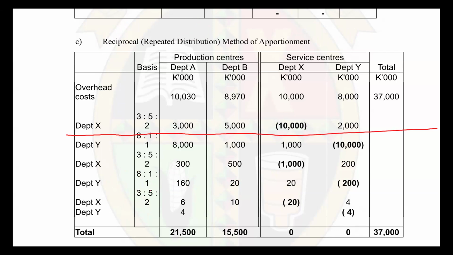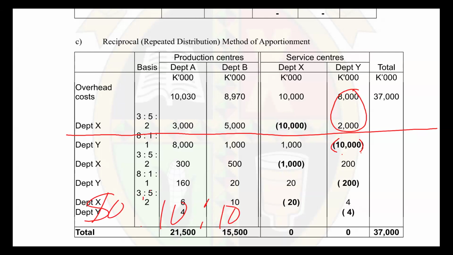Now we go to another department. Department Y now. When you go to Y, I told you you have to add these, and the total you have is 10,000. You will be distributing 10,000. And in what ratios are you distributing the 10,000 to other departments? We said it is 80%, 10% for B, another 10% for X.